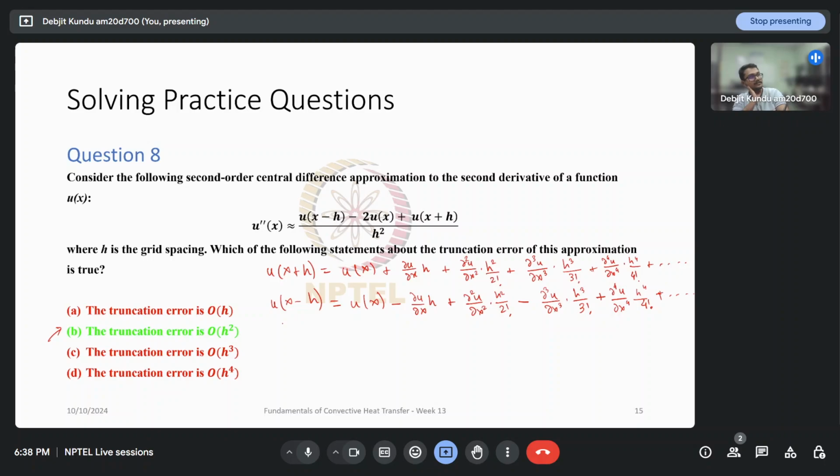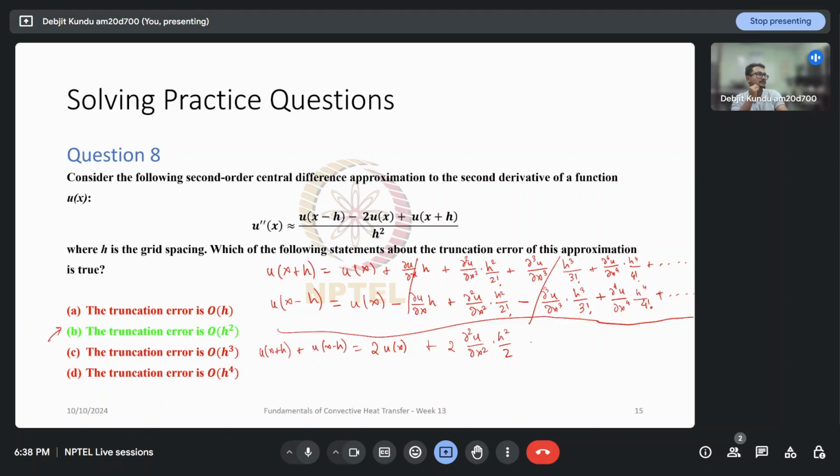So if we simply take a sum of these two equations, what we will get is u(x plus h) plus u(x minus h) is equal to 2u(x). These two terms will cancel out, and we can take a sum of these two, so it will be 2 into dou 2u dou x square into h square by 2.